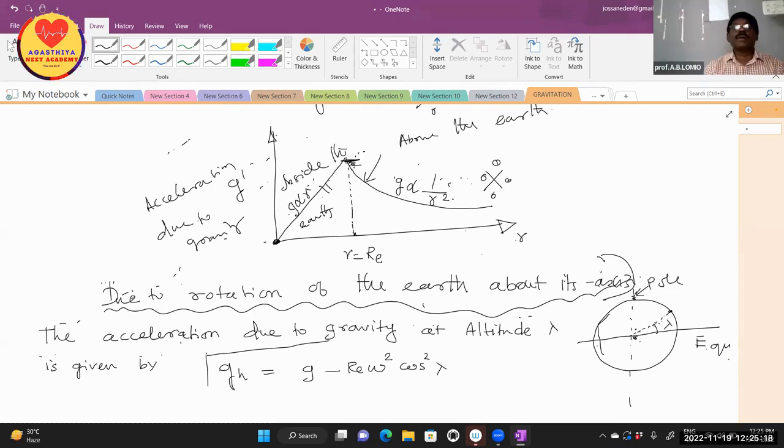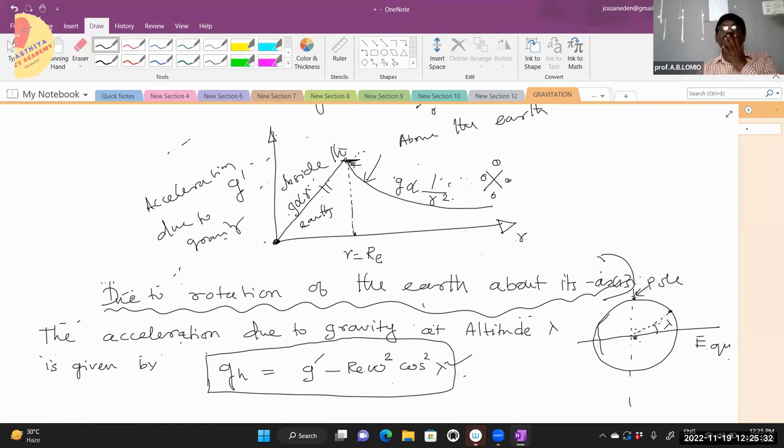Gravitation due to the rotation of the earth. See this formula, it varies with respect to g and the position, that is the latitude.